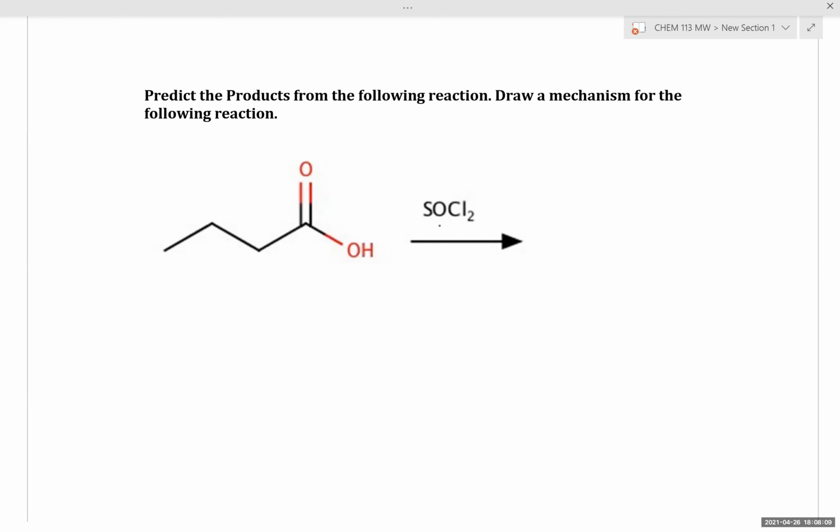So, would anyone like to propose a mechanism for this reaction?